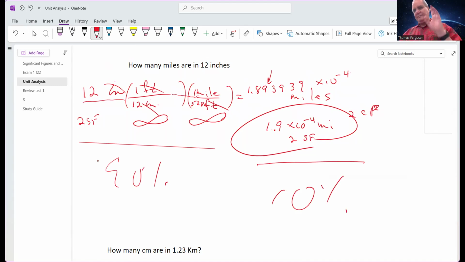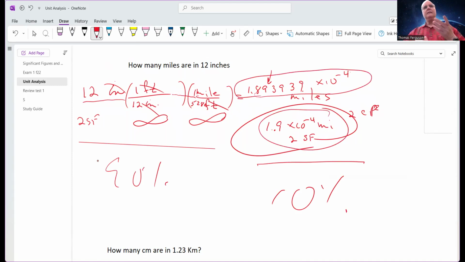On the test, people were asking yesterday, should we put this number down and then convert it to that? That's fine. You don't have to, you just put the answer down. I like for you to put the big answer down just in case you made a mistake converting, because I can give you more partial credit that way. It's always, how can I give you more credit? That's what I'm telling you, all this extra stuff is optional. If you don't want the extra consideration, don't put it down.